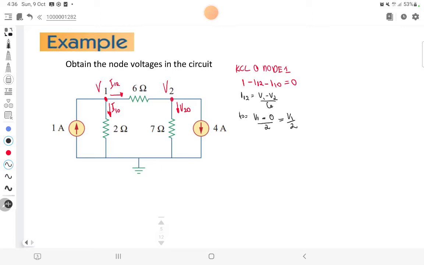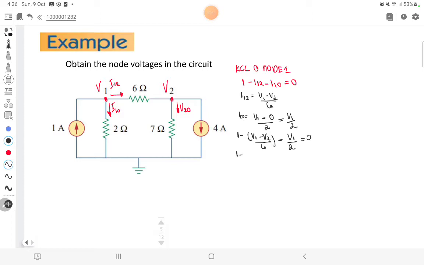Now from that, I may rewrite my equation as 1 minus (V1 minus V2) all over 6 minus V1 all over 2, which is equal to 0.